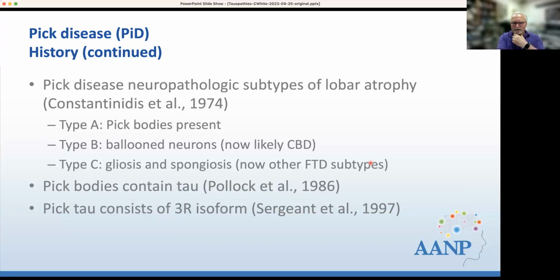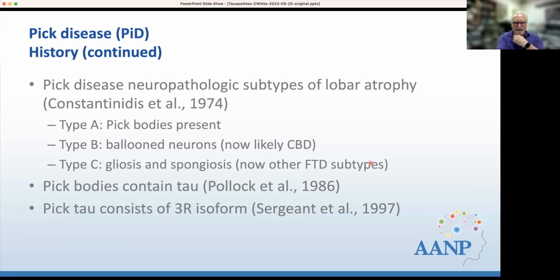Pick type A was the classic kind of Pick disease, where we had the ovoid Pick bodies described by Alzheimer. Pick type B was cases with only ballooned neurons in the neocortex and no other recognized pathology. These we refer to mostly as cases of CBD in today's terminology, and I'll discuss that momentarily.